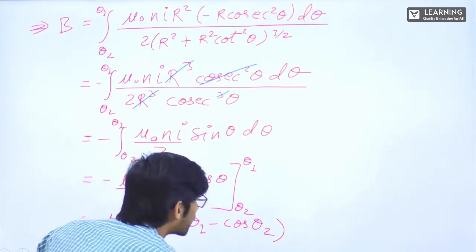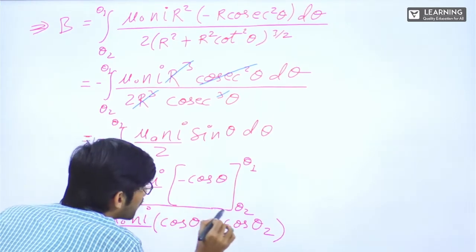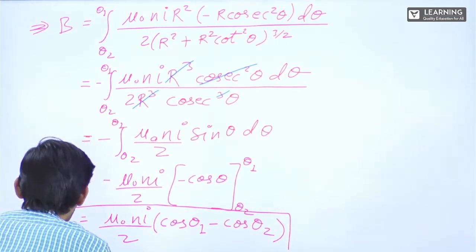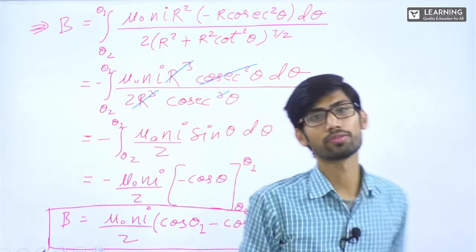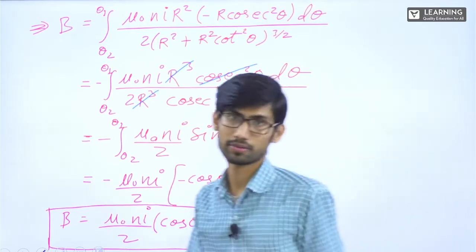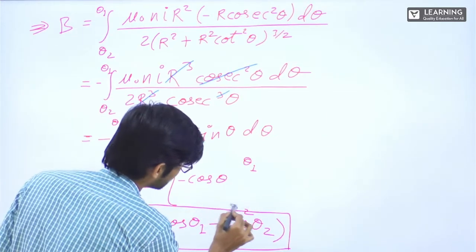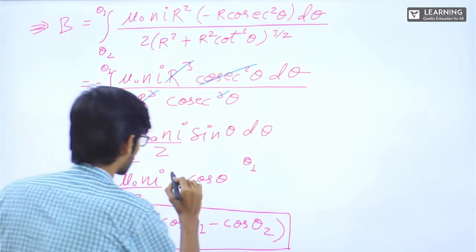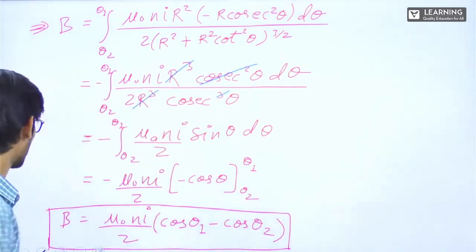This is our formula for magnetic field on the axis of a finite solenoid. Clear? Note it down.